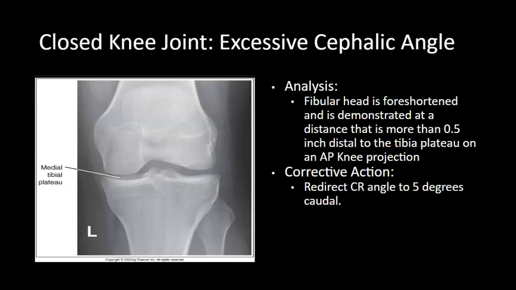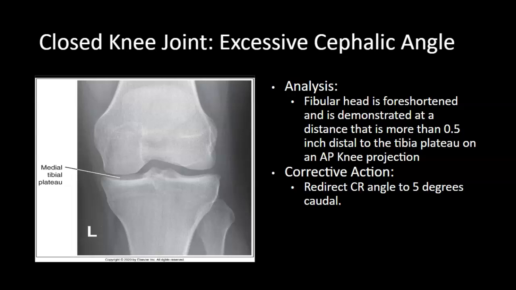So let's take a look at what happens when the central ray is not appropriately aligned with the tibial plateau. In this first image, you can see that our knee joint on the medial side is closed. This is a result of excessive cephalic angulation.